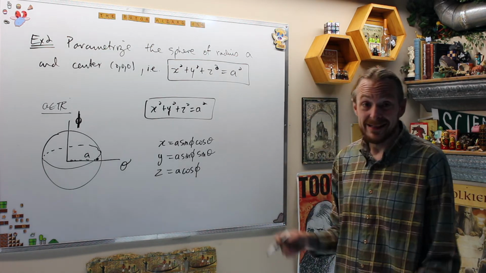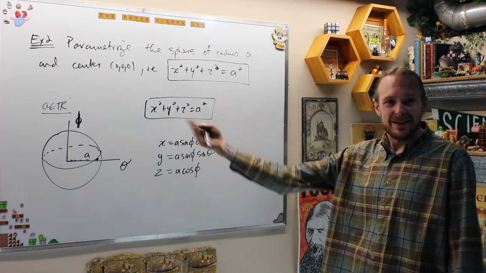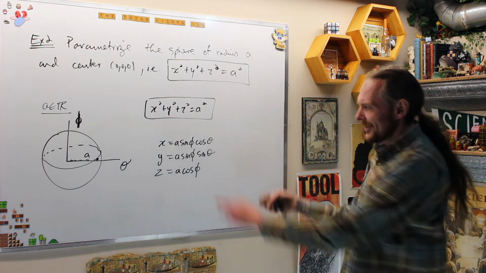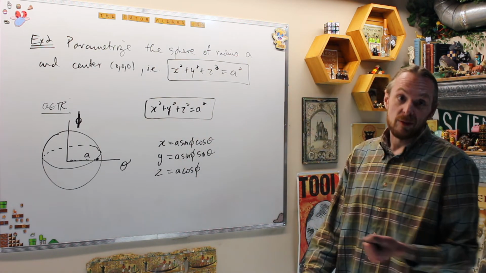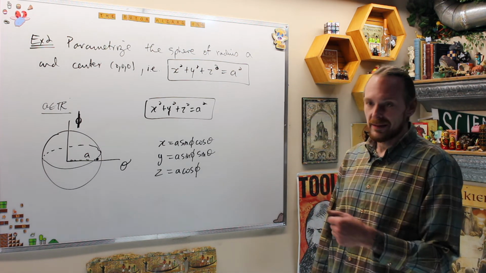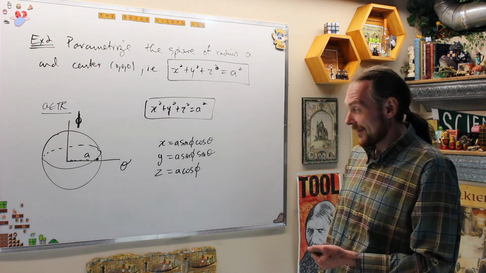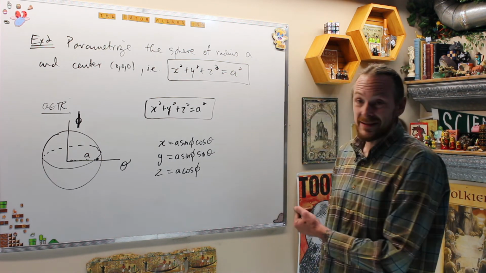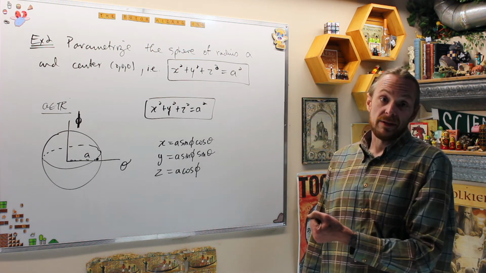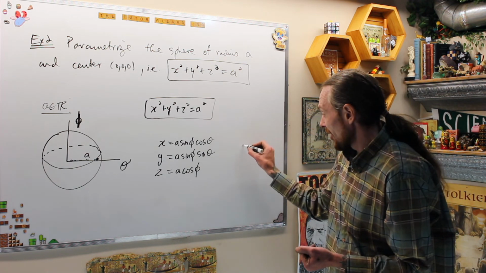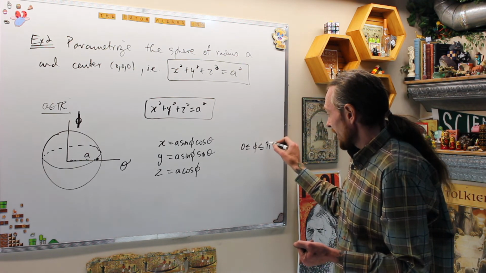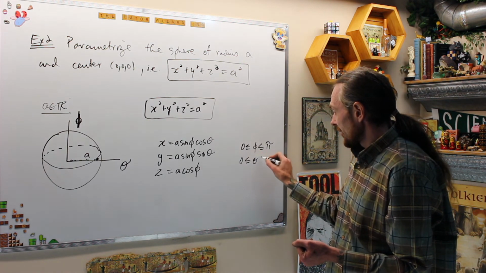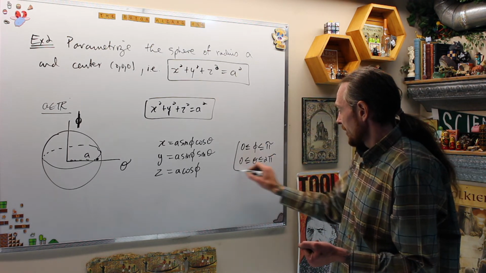And so that parameterization as a vector now, this is why I did this one, because it's nice and easy, because you're not too horribly surprised by this because you've already seen spherical coordinates. If you've been watching my videos in the list, you definitely have. Then phrasing it as our vector function of two parameters, my parameters are 0 is less than or equal to phi is less than or equal to pi, and 0 is less than or equal to theta is less than or equal to 2 pi.